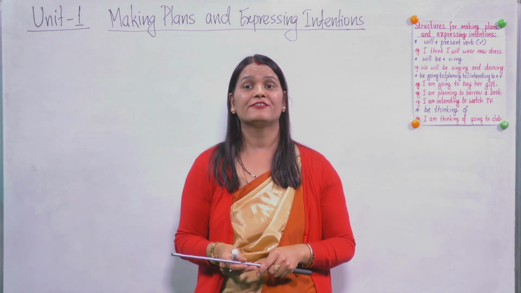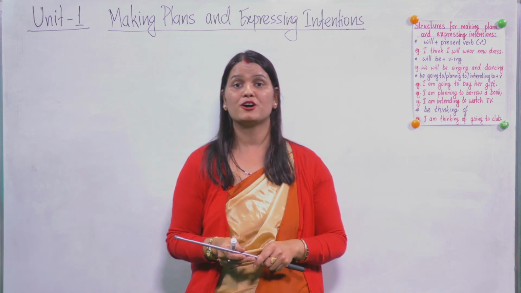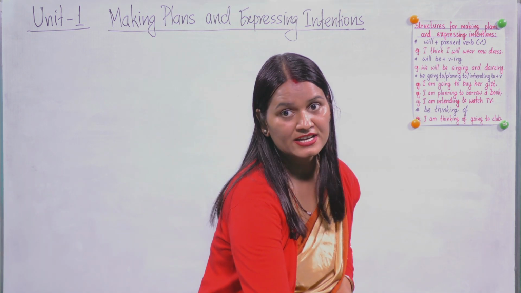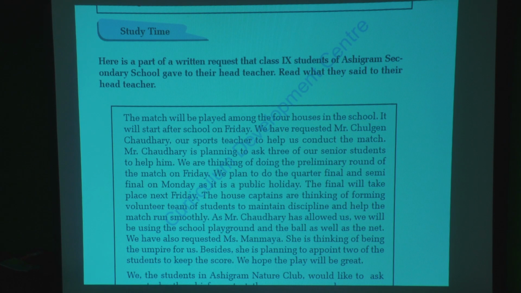Okay, then after that we will see an example of the body part of a proposed tour or proposed plan of the students. Have a look there in your book again. Here is a part of a written request that class 9 students of Asigram Secondary School gave to the head teacher.